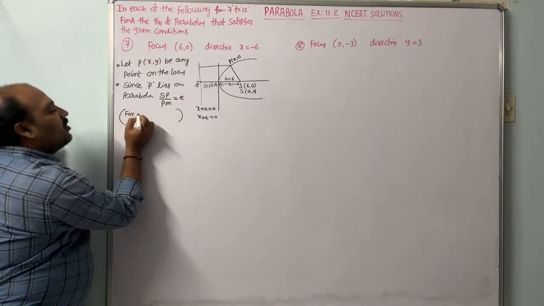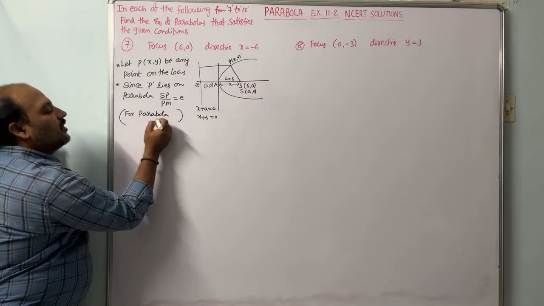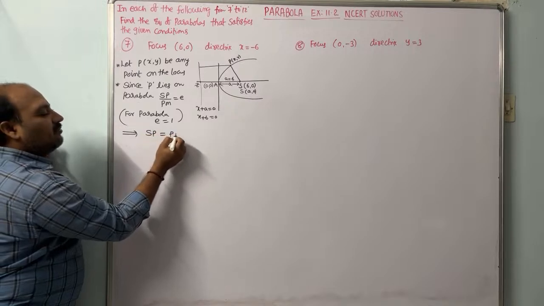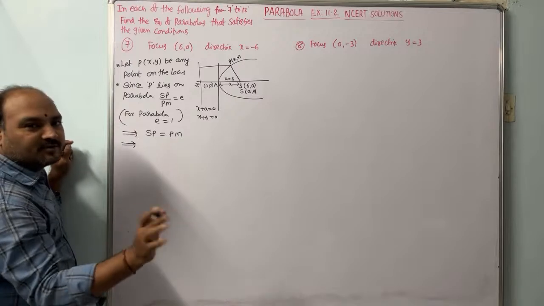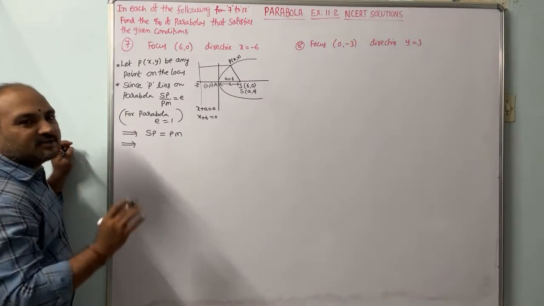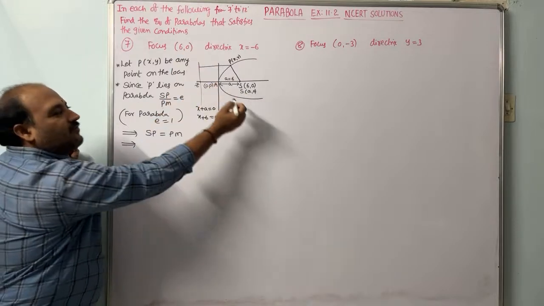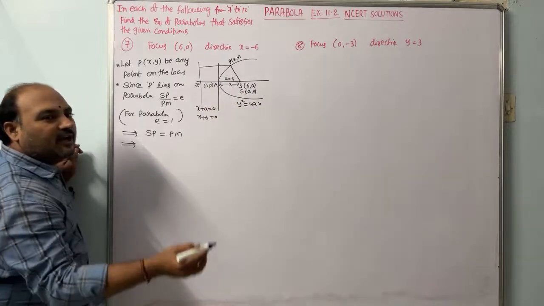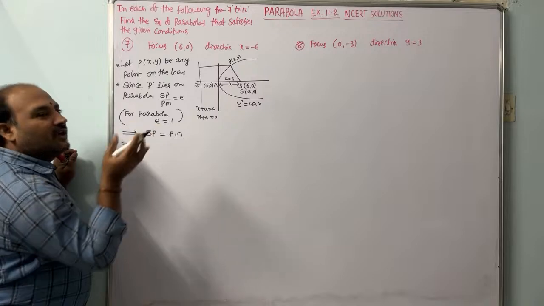For a parabola, e is equal to 1 only. That implies SP = PM. I am doing conceptual teaching, dear students, so that you can understand the concepts. Otherwise, directly a = 6, substitute in the standard form y² = 4ax, you will get the answer. Substituting a = 6 directly, y² = 24x will come. But I am not doing that one. The way how it comes.